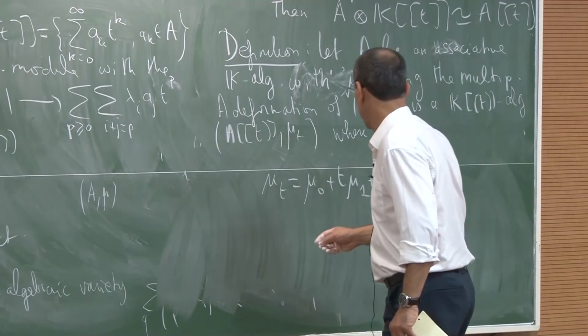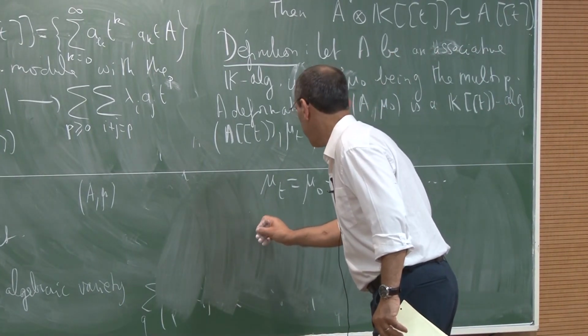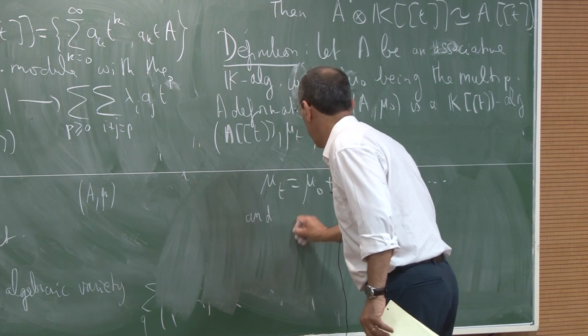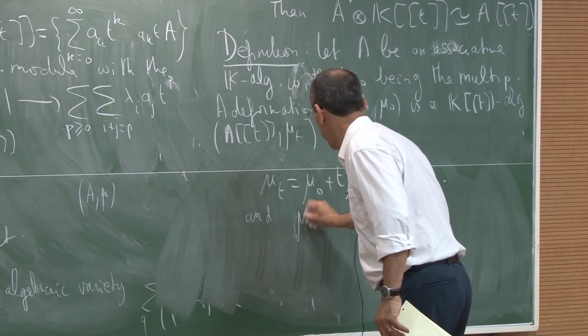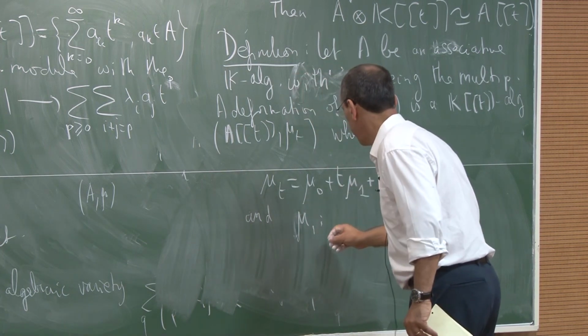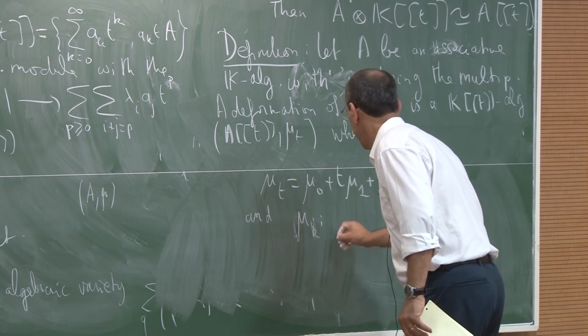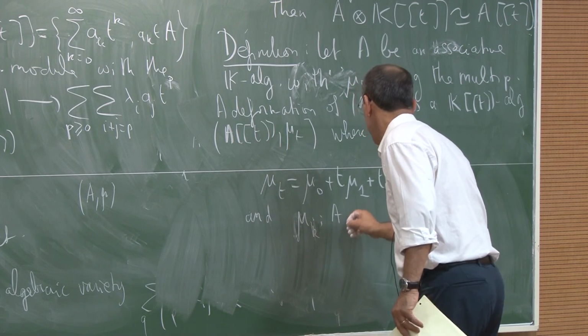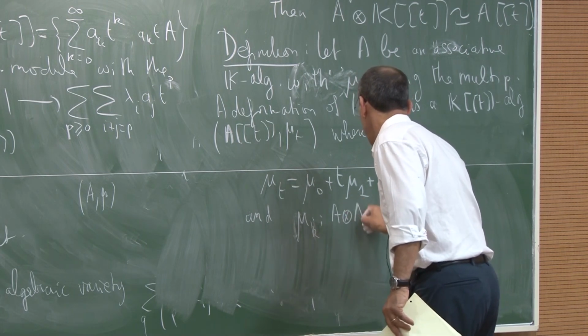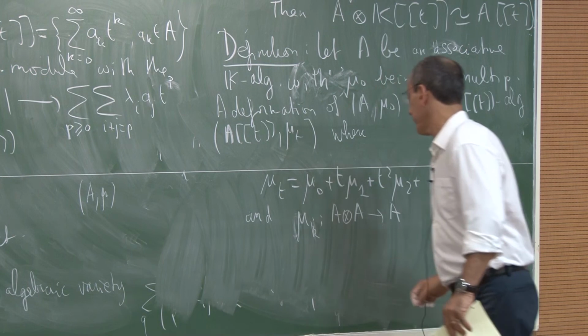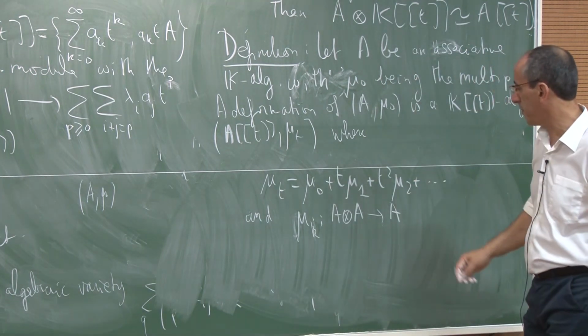And the mu_i, or mu_k, are bilinear maps from A tensor A to A. Bilinear maps.